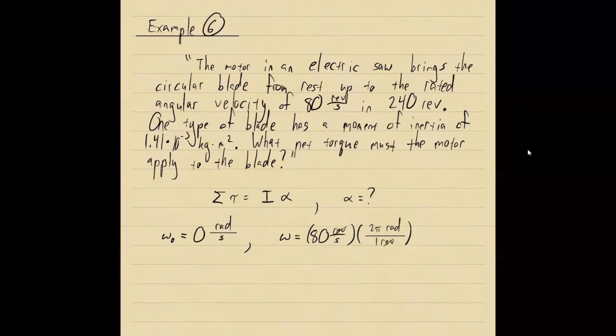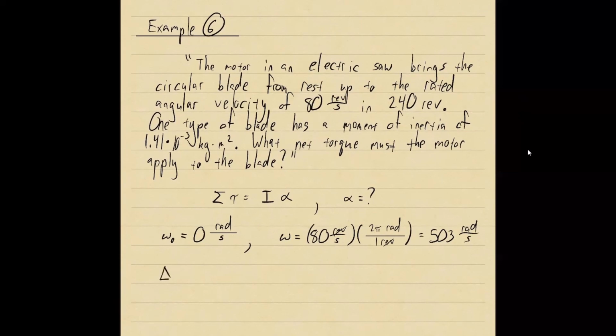So the units of revolutions get canceled out, and then our final angular velocity is going to be 503 radians per second. All right.